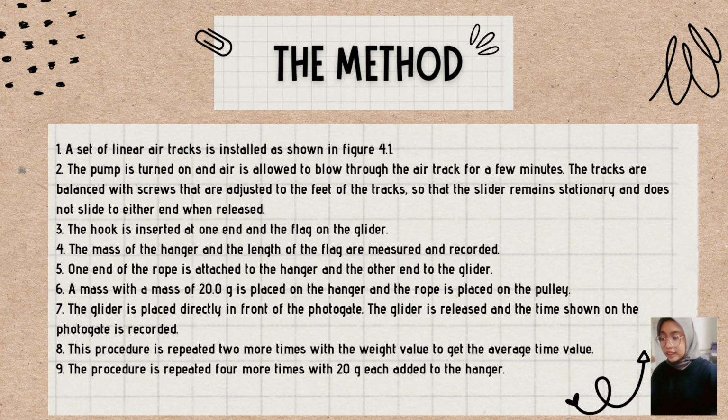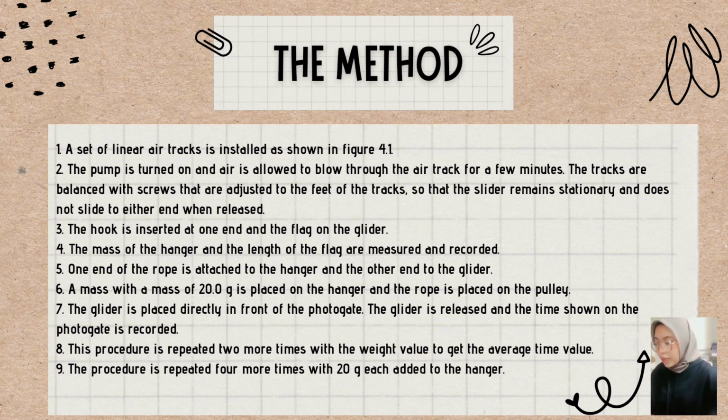The method in this experiment starts with a set of linear air track being installed as shown in figure 4.1. The pump is turned on and air is allowed to blow through the air track for a few minutes. The tracks are balanced with screws that are adjusted on the feet of the tracks so that the glider remains stationary and does not slide to either end when released. The hook is inserted at one end and the flag on the glider.